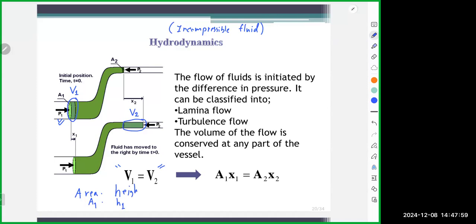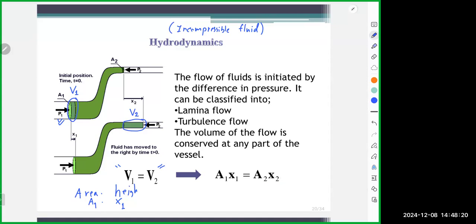In this case, they use x1. So right here is the volume change in the first zone, and right here is the volume change in the second zone.